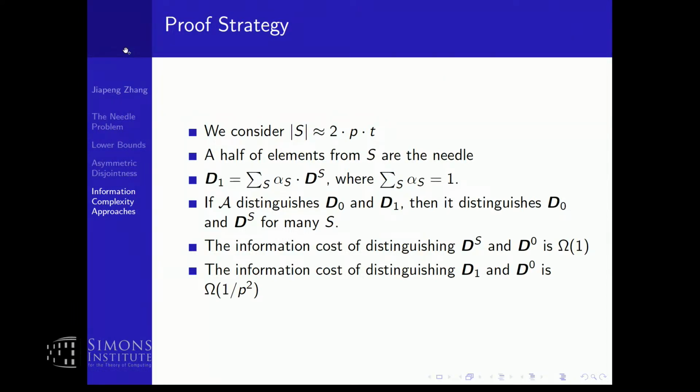From the previous step we know A can distinguish many DS from D0, and for each such S you have omega 1 cost. Since each local S has some cost omega 1, and there are many S you can distinguish, combining them together gives an overall cost of 1 divided by p squared. This is the proof strategy.